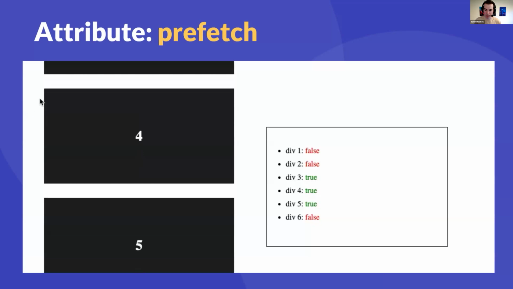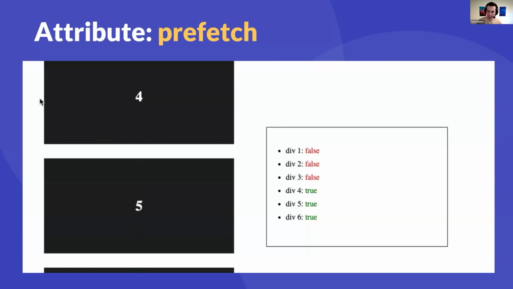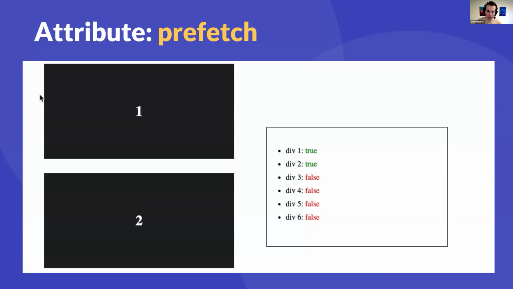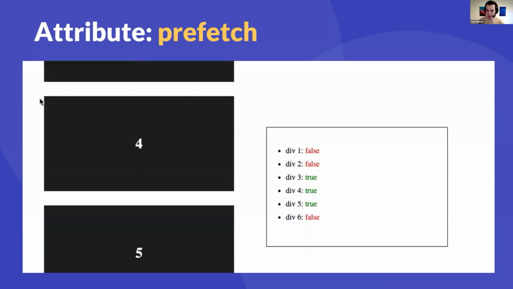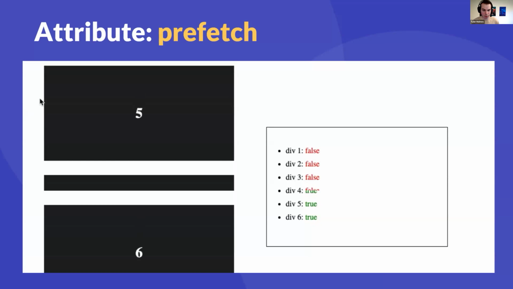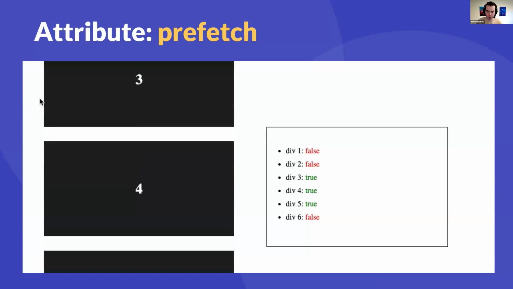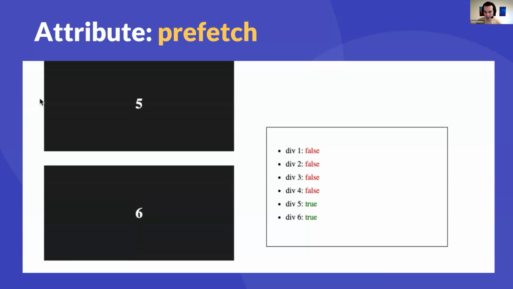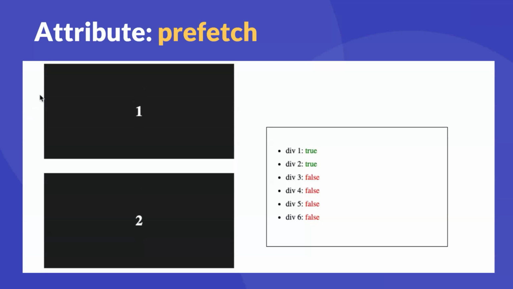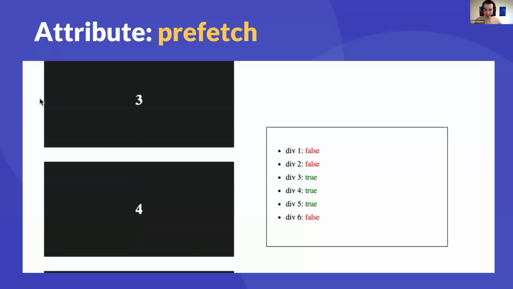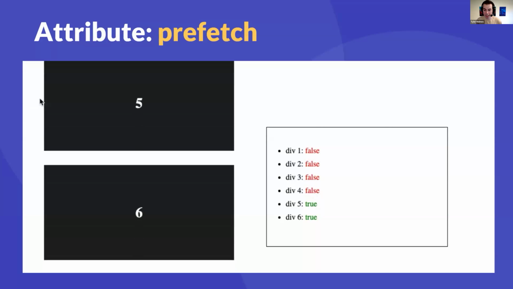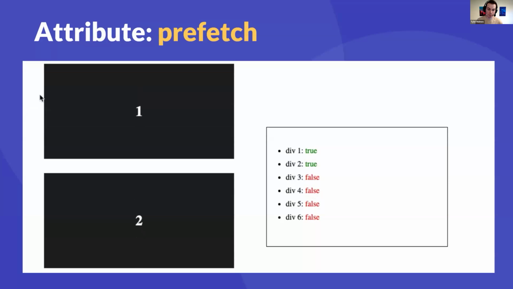So as you can see in this example on screen, as the element enters the viewport, the value on the right-hand side there turns to true. So in Next.js, it would be as soon as the div enters the viewport, any links that are inside that div would be automatically preloaded. Oh, and a good thing to note, prefetching is only enabled in the production environment. It's not enabled by default in the development environment.